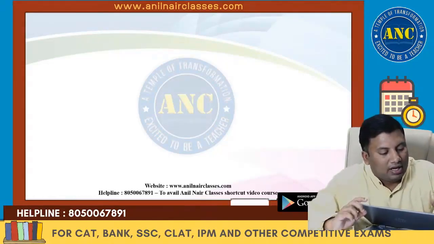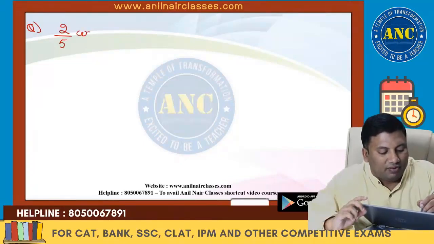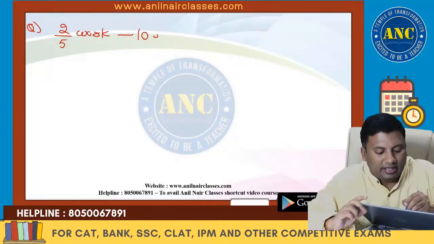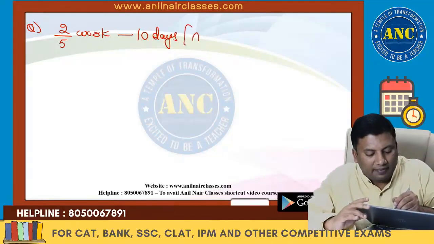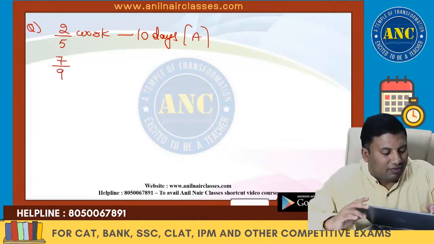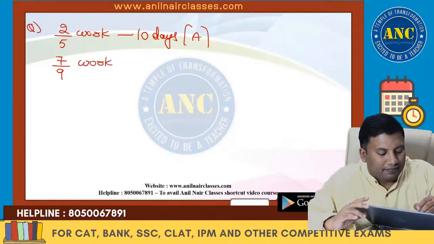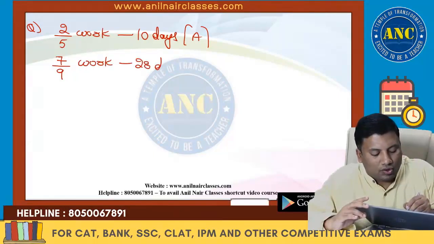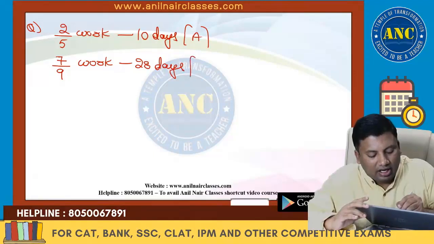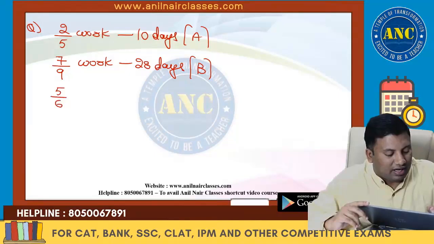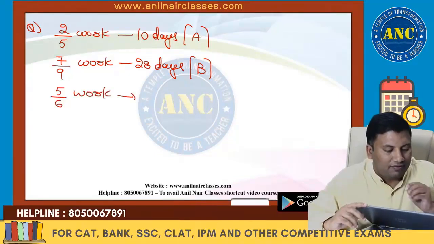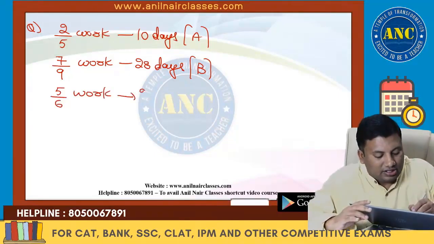For example, the question can also be asked like this: 2 by 5th of the work can be completed in 10 days. This is A. 7 by 9 of the work can be completed in 28 days. 5 by 6 of the work can be completed in 20 days.